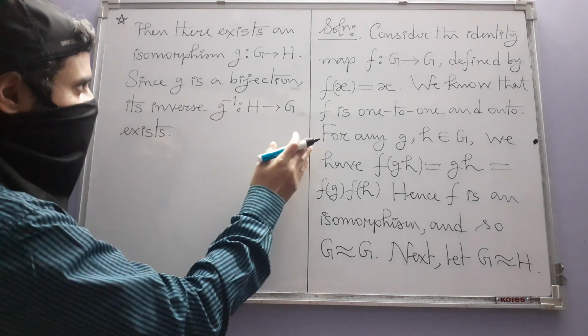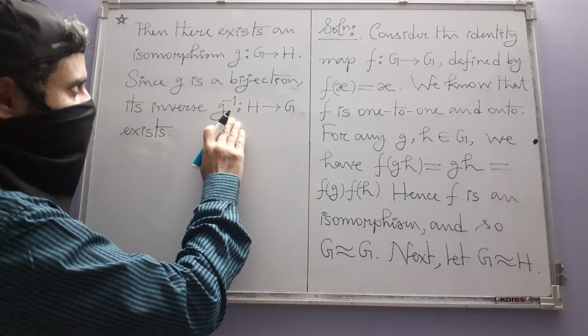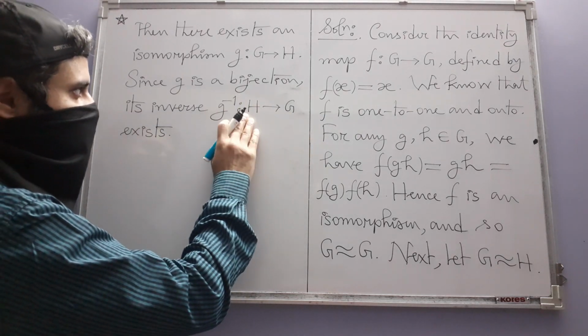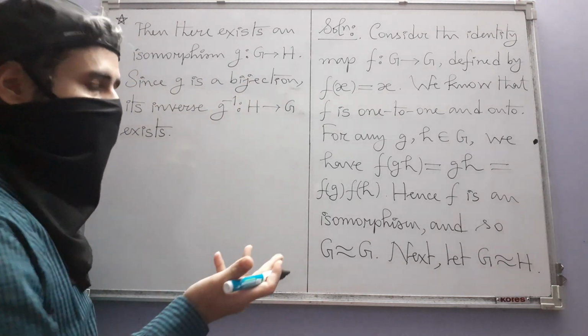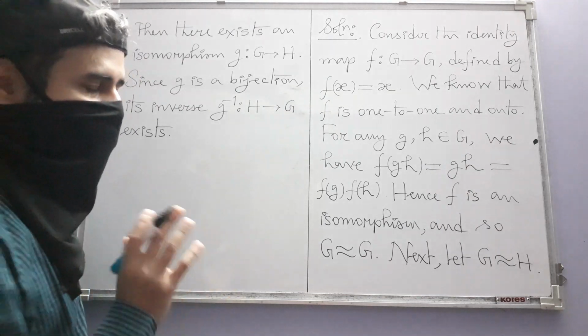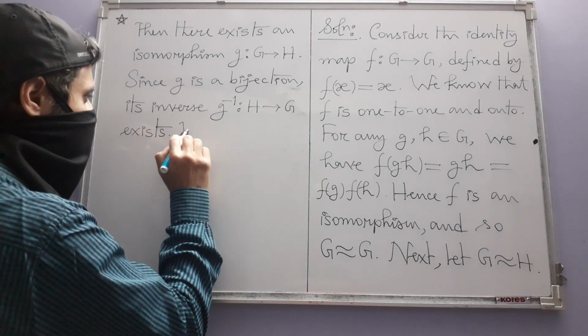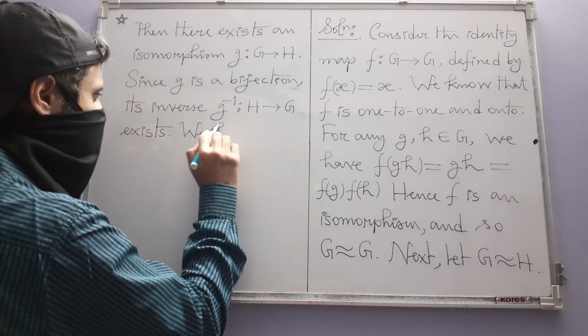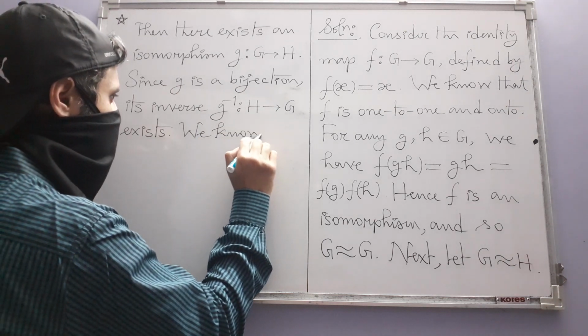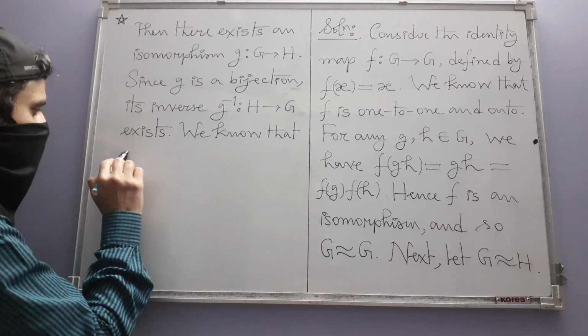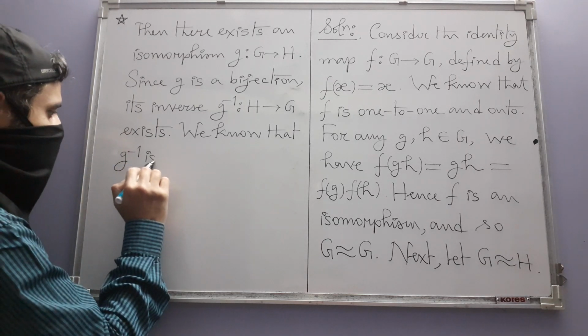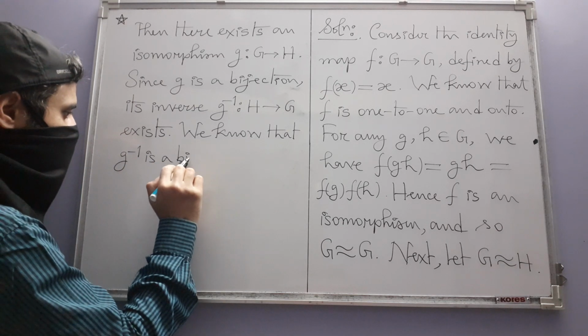Now we already know that whenever g inverse exists, and that is when g is bijective, g inverse itself is also bijective. It's a property of inverse maps. We know that g inverse is a bijection.